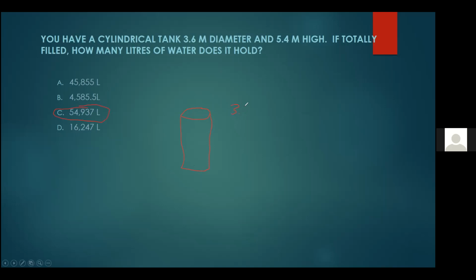If I go 3.6 meters times 3.6 meters times 5.4 meters, what I'm going to be looking for here is that I got 1M, 2M, and 3Ms.